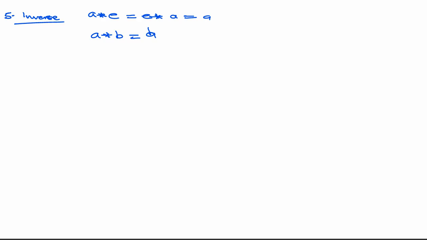Okay, let me just say B star A, which is giving out an inverse element here. Okay, so understand this. So if you have A star B is giving us an inverse element, or we have B star A is giving us an inverse element, understand that A is an inverse of B.